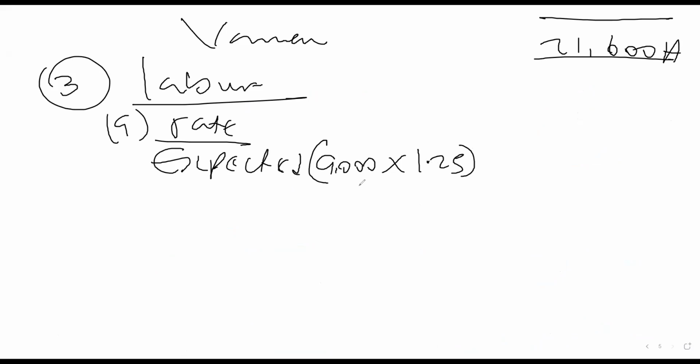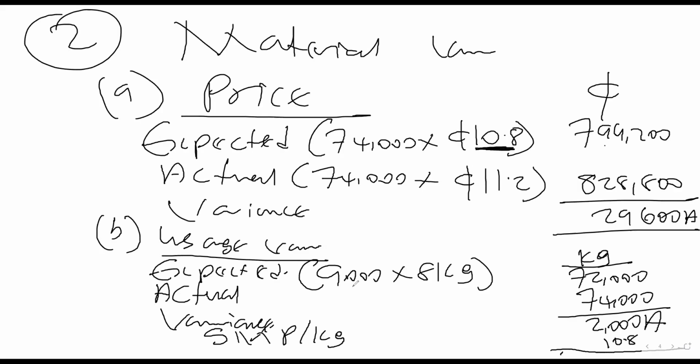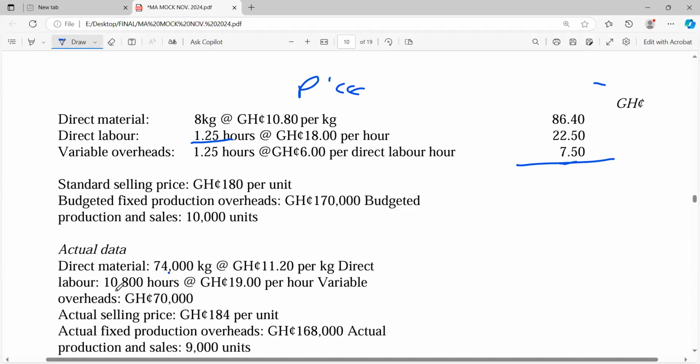No, this is rates, so for rates you have to multiply the actual hours by the standard rate. Sorry about that; I was looking in the wrong place. You pick the actual hours worked, 10,800, by the standard rate per hour, which is 18.